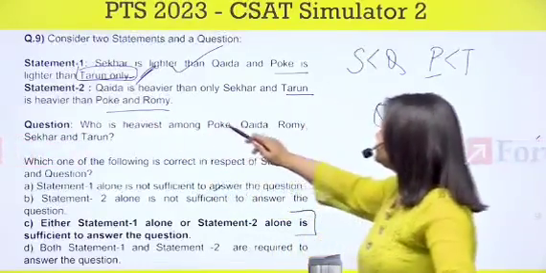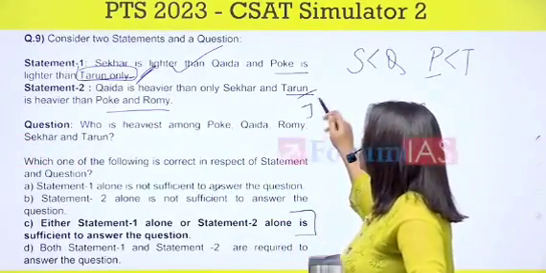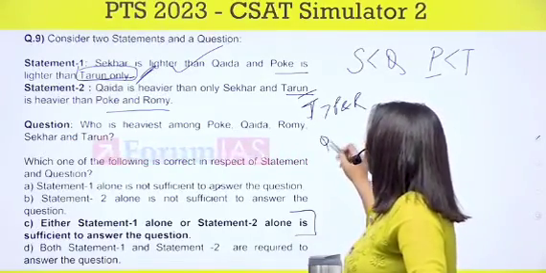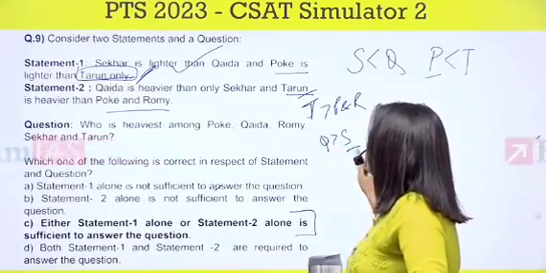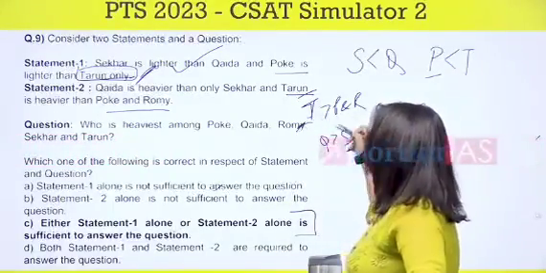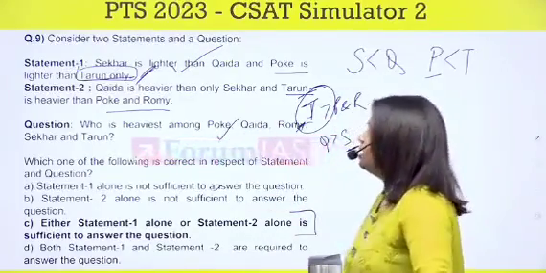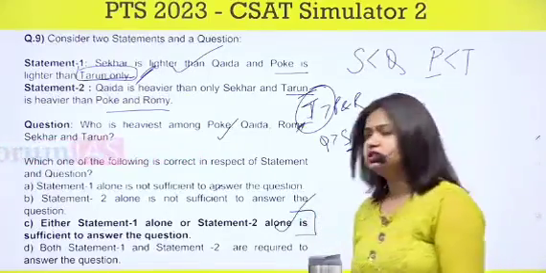That means that you're able to identify that T is greater than P and R, right? And Q is greater than only S. From everybody else it is smaller. That means S will come in somewhere here, right? That means I'm able to identify that T is again the heaviest, which means I'm able to answer the question by statement 2 also, which makes my answer C only.